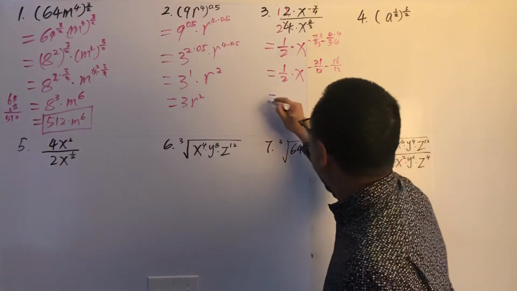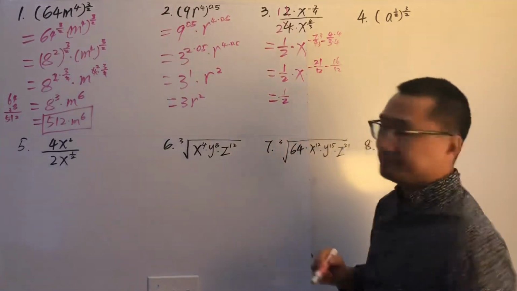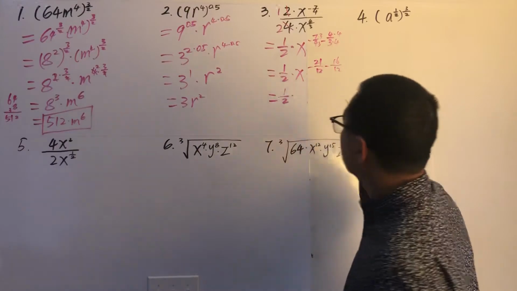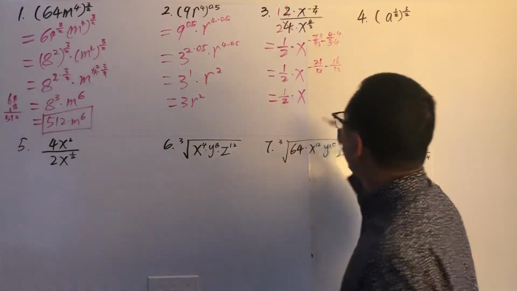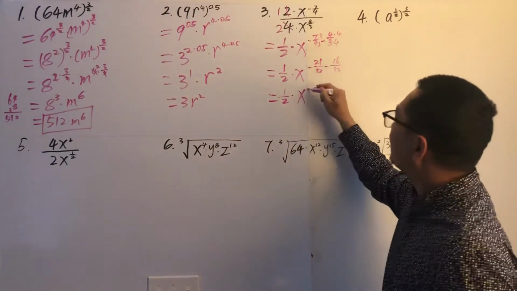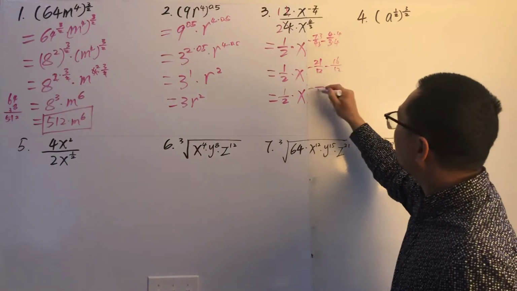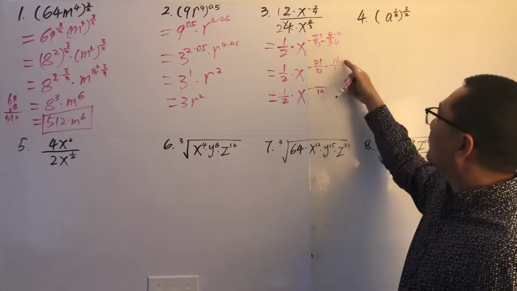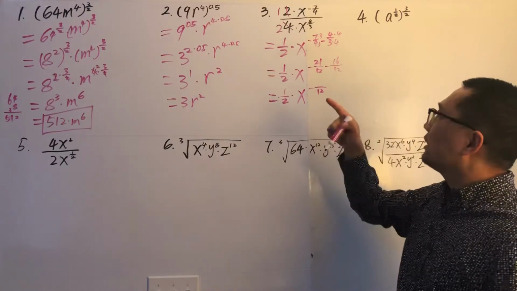So finally you have 1 over 2, we call this the coefficient, times x. The exponent is negative, and the bottom is 12. So 21 minus 16, that means the total is 37.